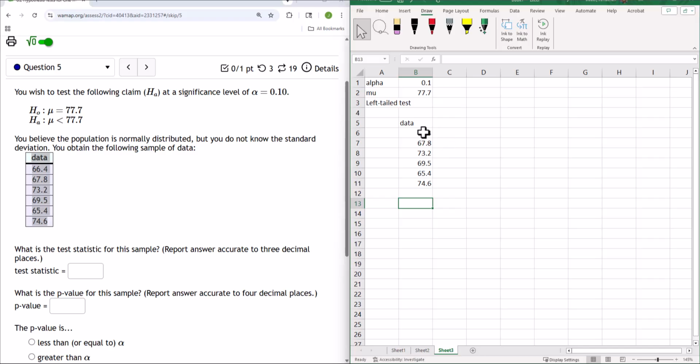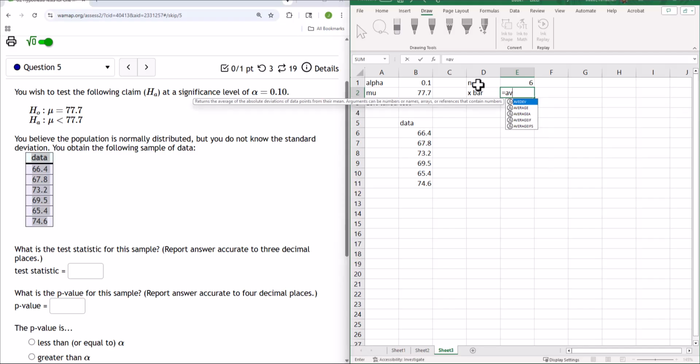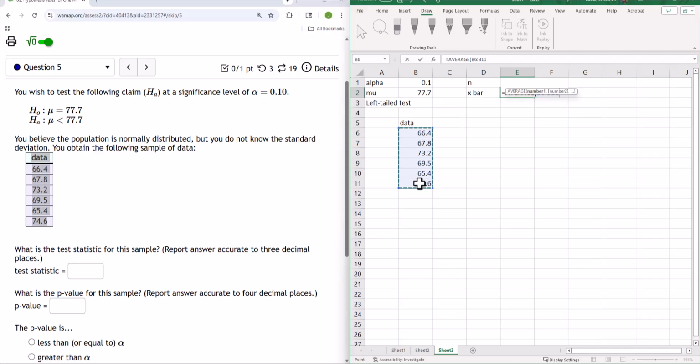We are missing some information from what we used to have, so we have to kind of gather that. So you can use the count function, or you can just look here. N equals 6. Now we need to figure out what our x bar is, the average, and we grab our data set.